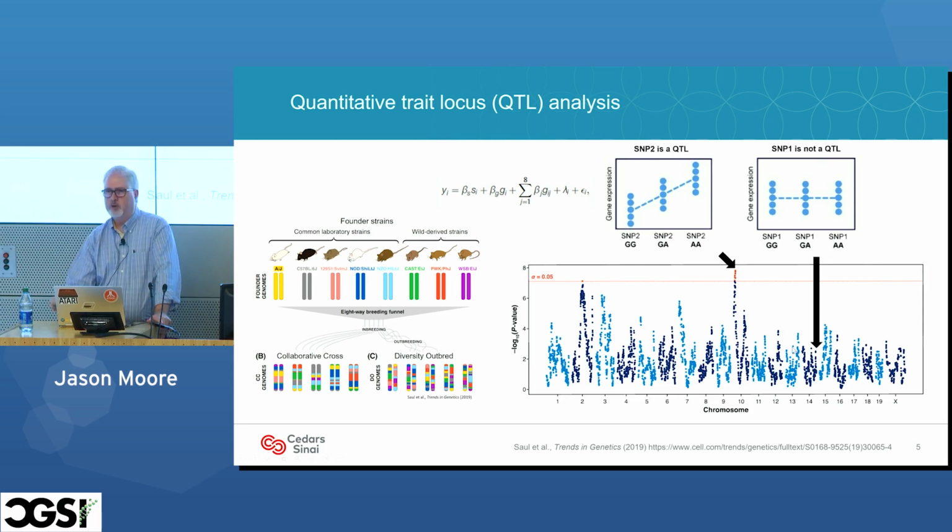And we do this across the human genome and correct for the number of multiple tests that we do. That's shown in the red line here. And then the ones above the line are the ones that are considered statistically significant and considered QTL. So this is the standard way of doing this, and the analytic approach that's used is a parametric linear regression, regressing the genotype values on the quantitative trait.